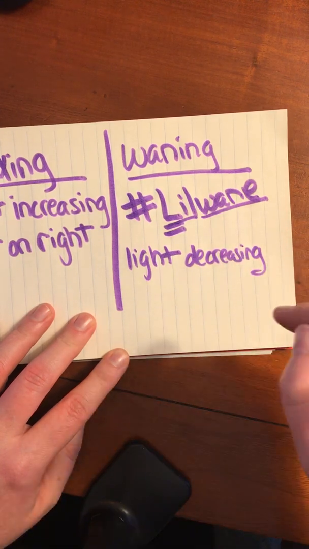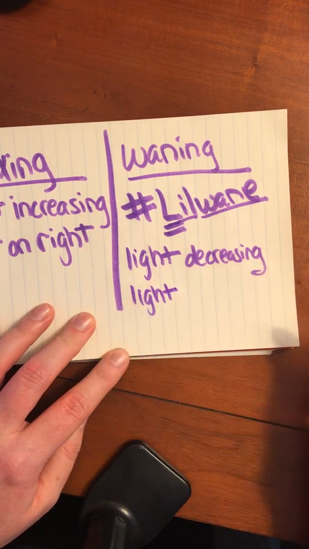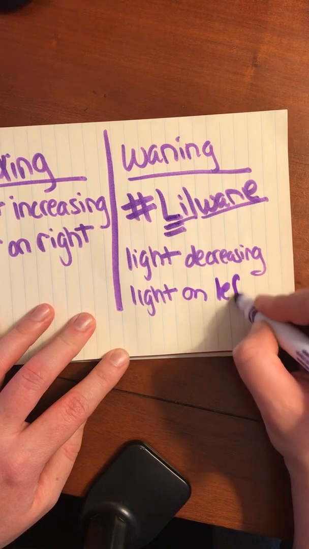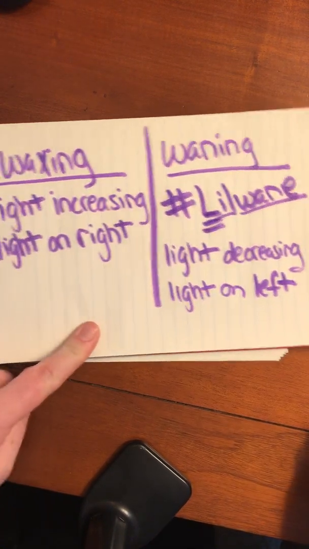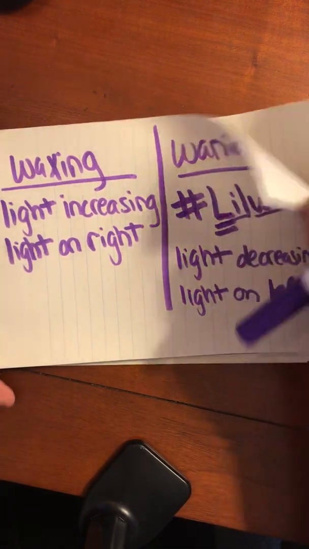That means that it's going down or getting smaller. And the light is on the left. Remember? So that's the first part of your key. You're going to write down what is waxing, what is waning.